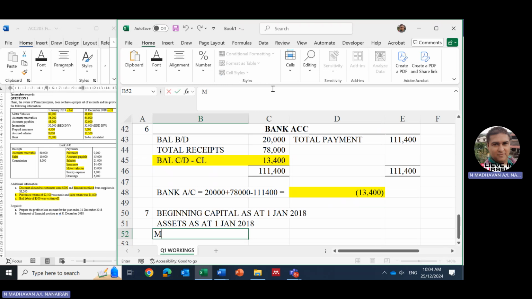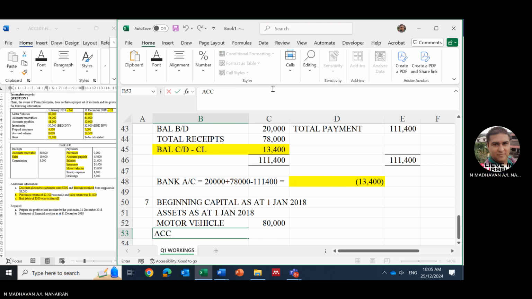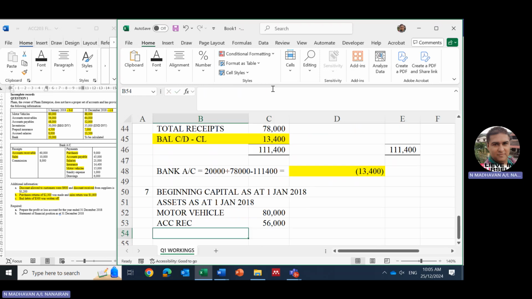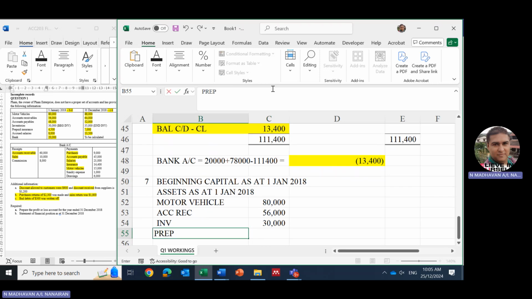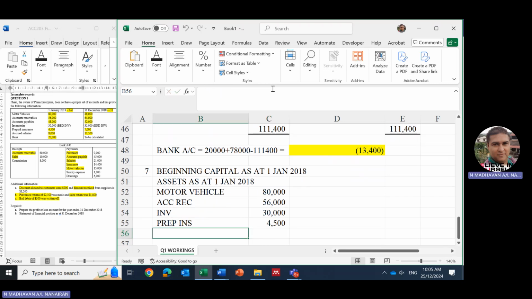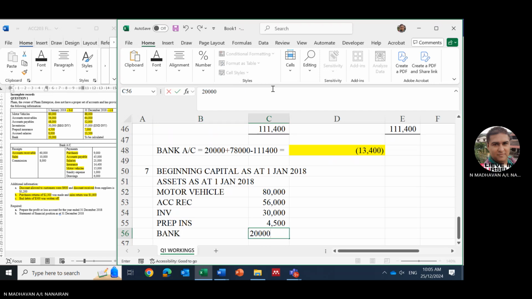We have motor vehicle. How much? 80,000. Next, account receivable, 56. Inventory, 30. Prepaid insurance, 4,005. Bank, 20.